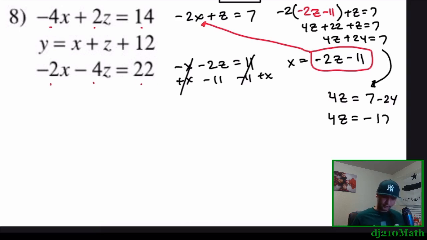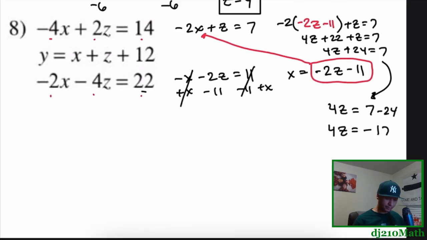So let's double check what happened. Negative x minus 2z equals 11. I added x. I subtracted 11. So negative 2z minus 11. Up top we had 2x plus z equals 7, so I divided everything by 2.